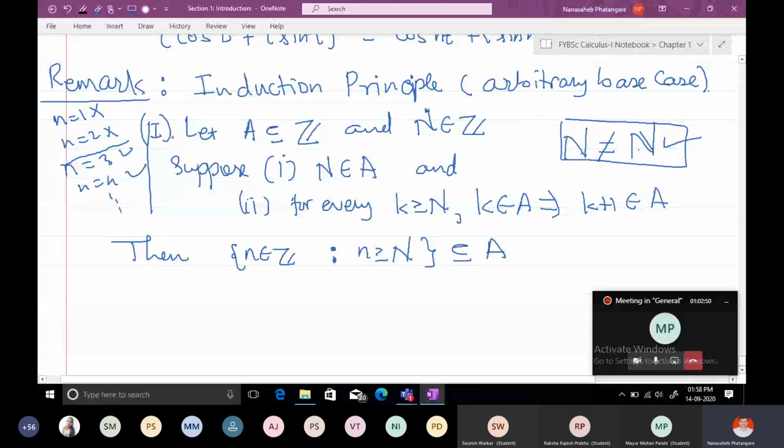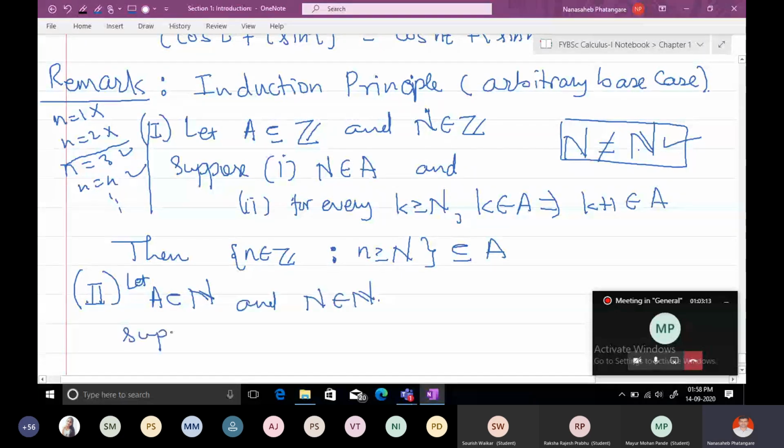But if you want to make this statement very simple, then suppose A is a subset of natural numbers and n is any natural number.